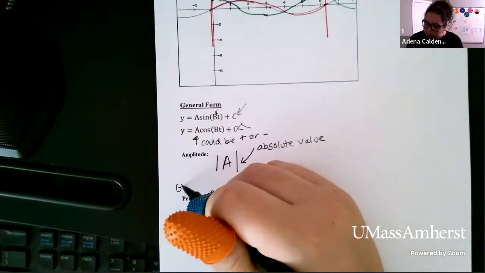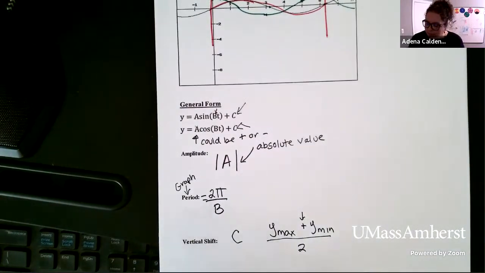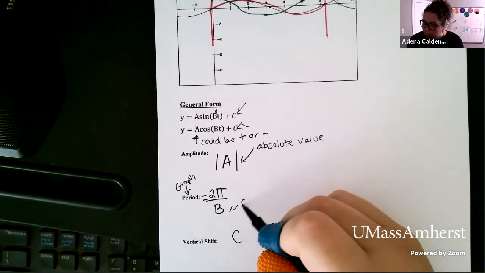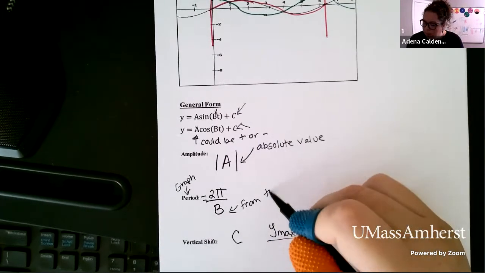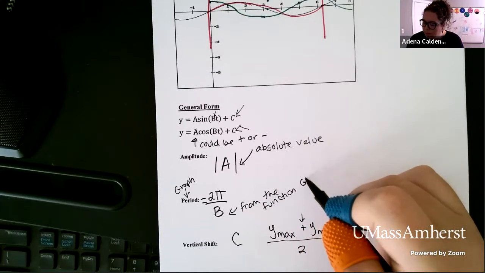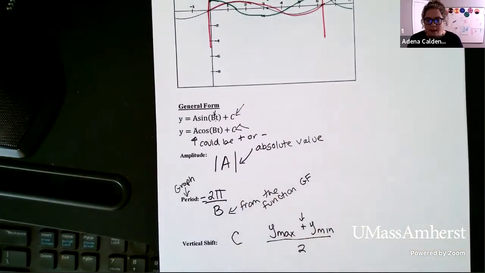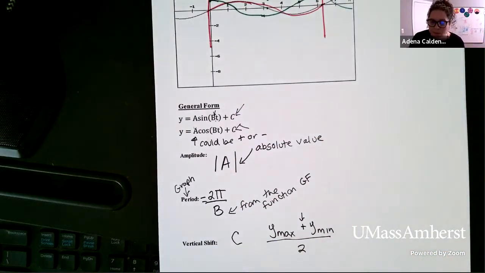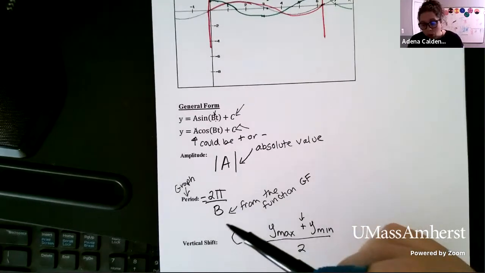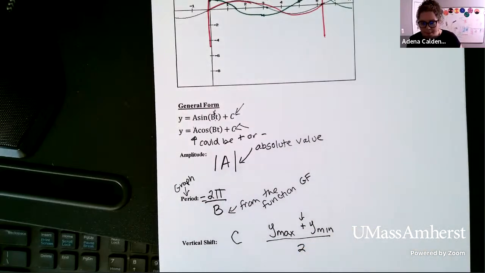So here, if you have the information about the period from the graph, you plug it in here. If you have it from the function in general form, you have this number from the function, you plug that b in here. So you can find the period if you need to, if you have b, or you can find b if you're trying to create a function by plugging in the period.